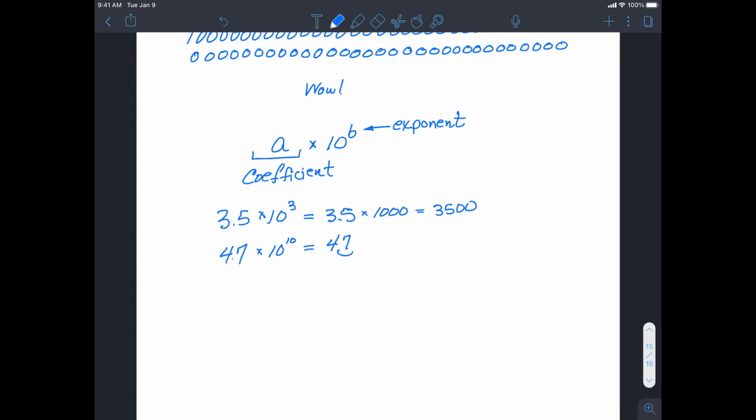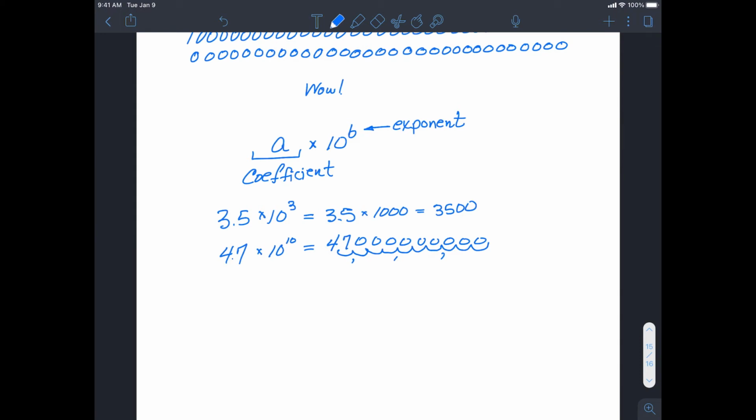So we're going to move it over 1, 2, 3, 4, 5, 6, 7, 8, 9, 10. And we need to add a 0 in each one of these empty places. So 4.7 times 10 to the 10th, and if we were to put commas in here, that would be 47 billion.